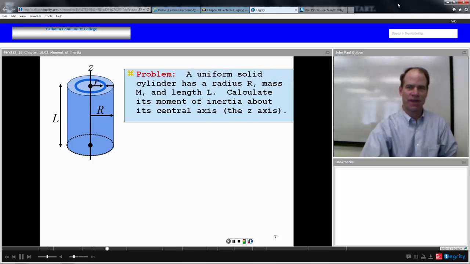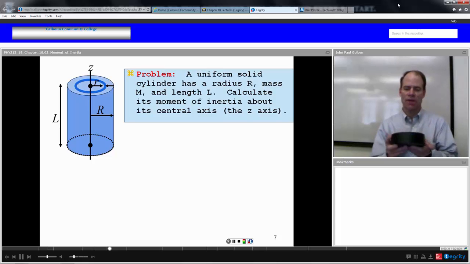Let's actually do that. Let's calculate the moment of inertia for a uniform solid cylinder of radius r, mass m, and length L. We'll calculate about its center of mass, its central axis. So if this thing were to rotate about the central axis, what would be the moment of inertia about that?